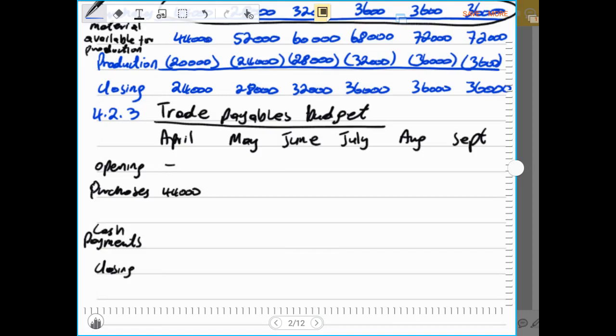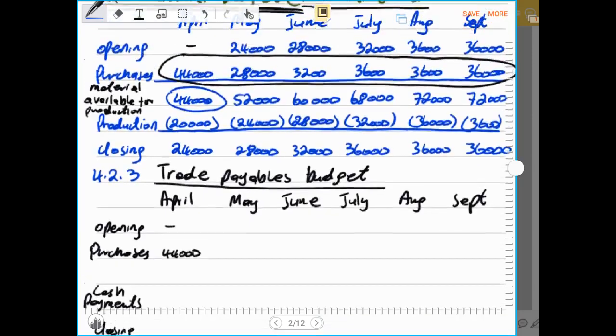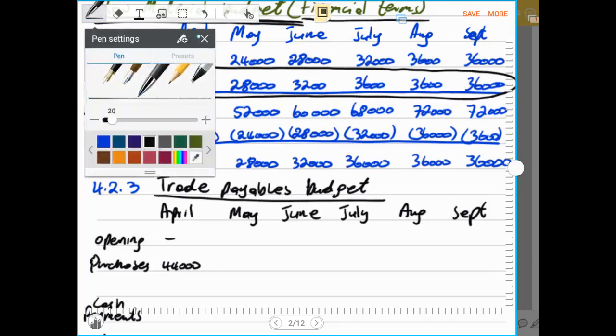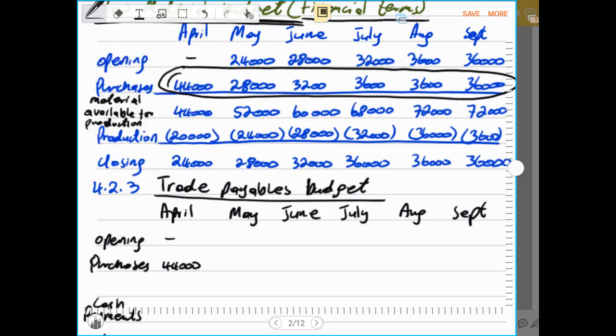So these were the purchases of 44,000. So here, under purchases, 44,000 was bought in April. So we record that as purchases under the trade payables. We record only that amount as our purchases, as it is 44,000.